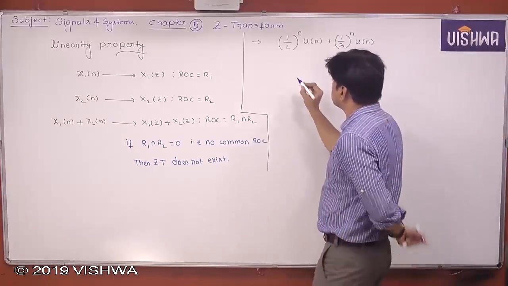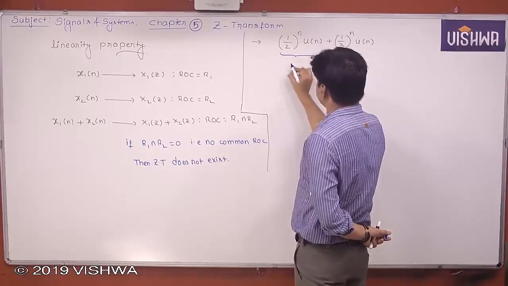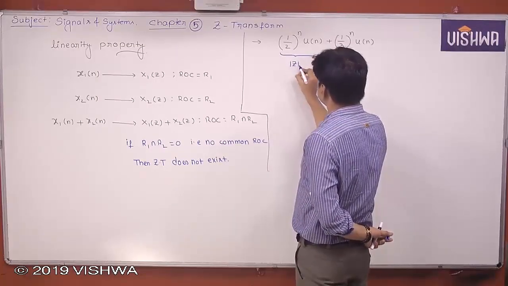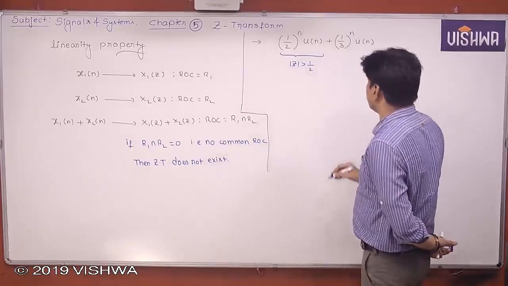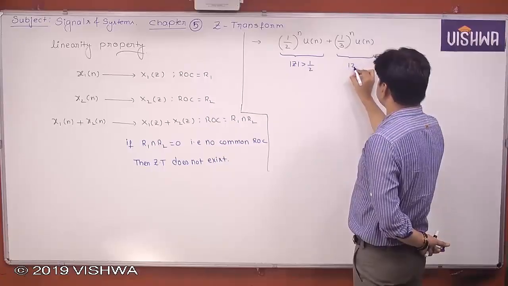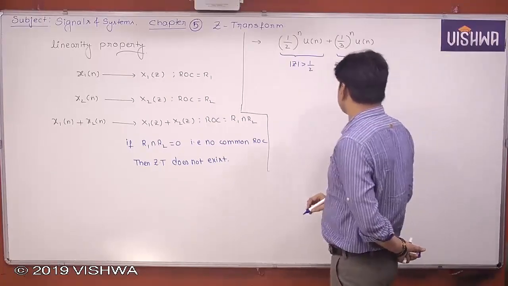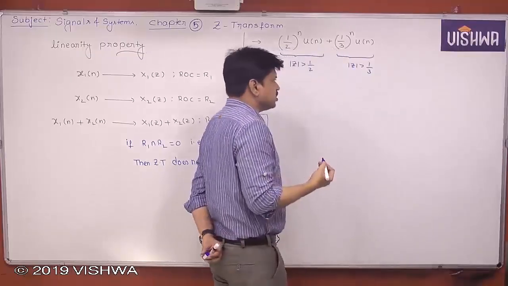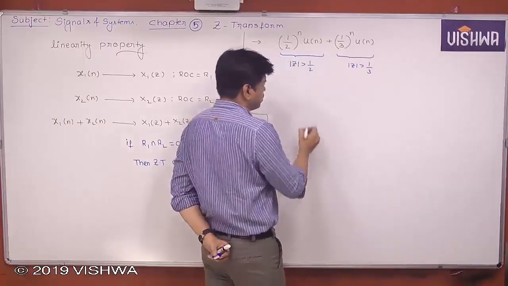Here for this signal it is a right side signal and pole is equal to 1 by 2. Mod z greater than 1 by 2 is the ROC. For this one, mod z greater than 1 by 3 is the ROC. So I want to see whether it is having common ROC or not. First draw it so that you can understand clearly.